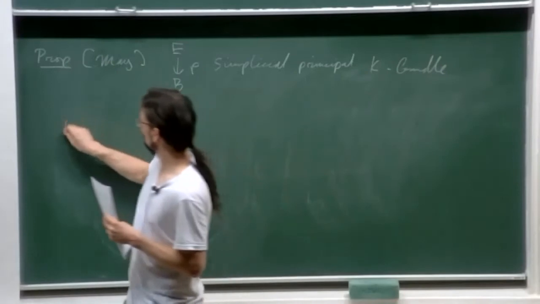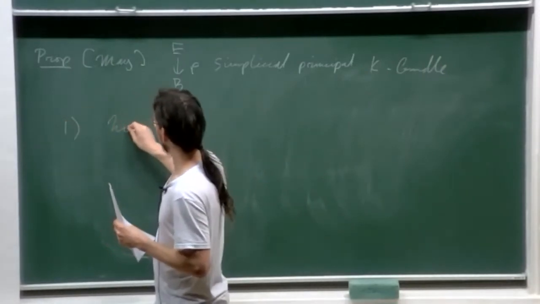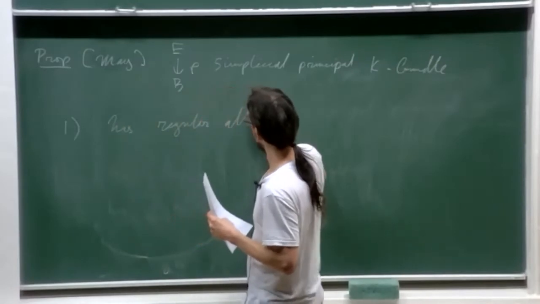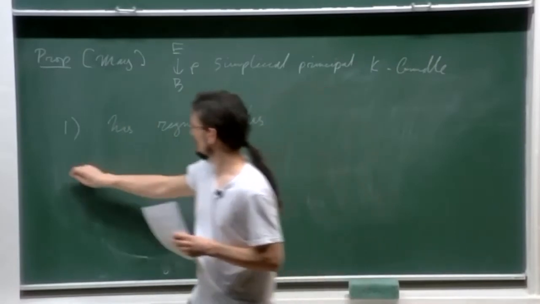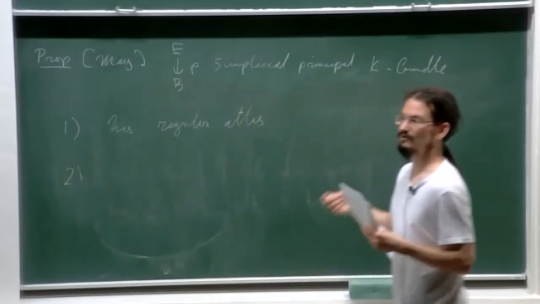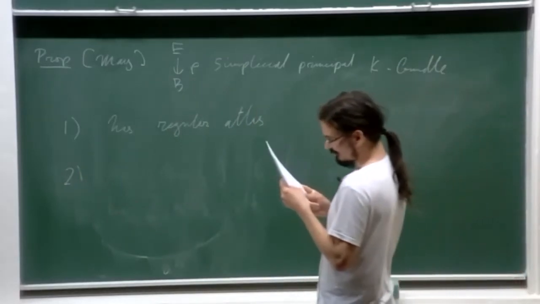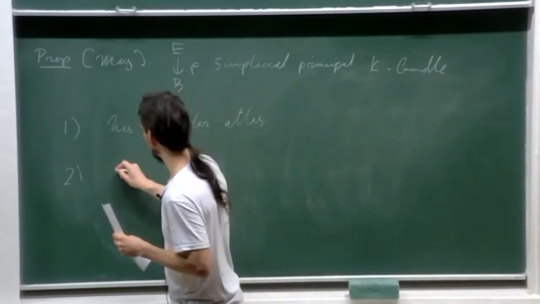And then first of all, it has a regular atlas. And then second of all, that regular atlas gives you the classifying map by a formula. So it gives the classifying map.